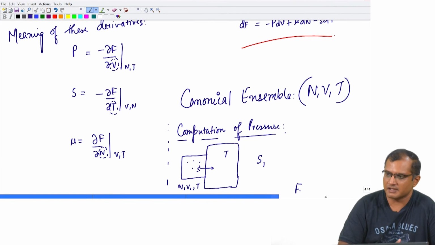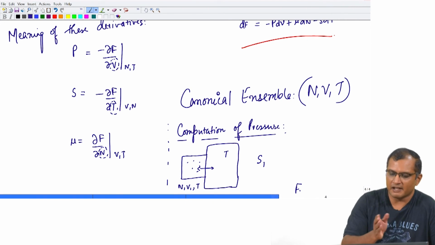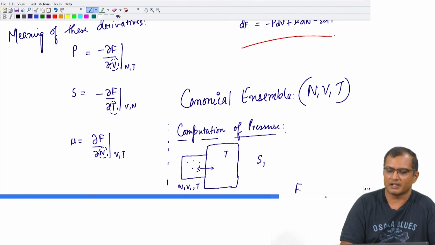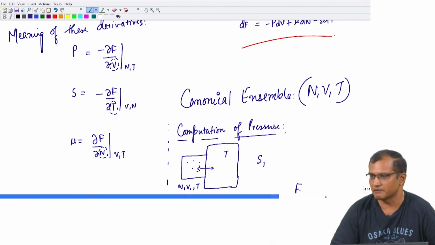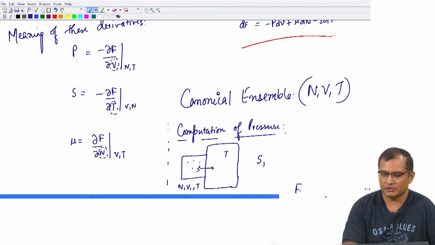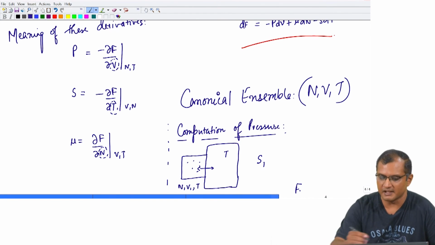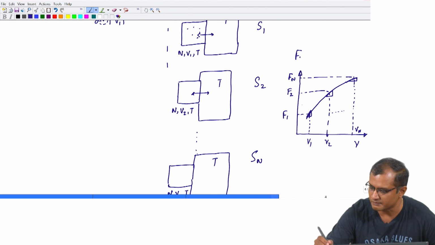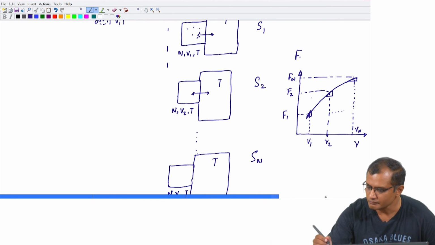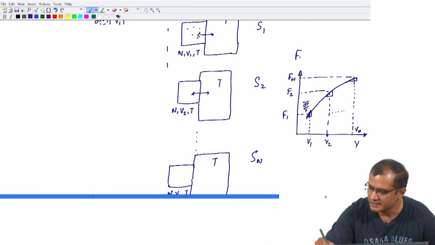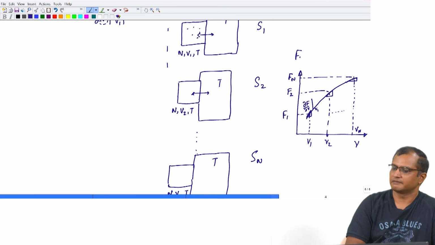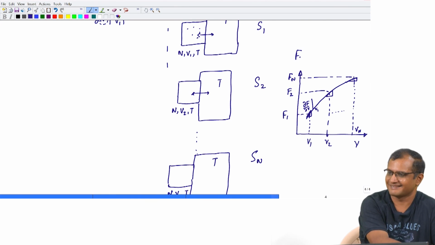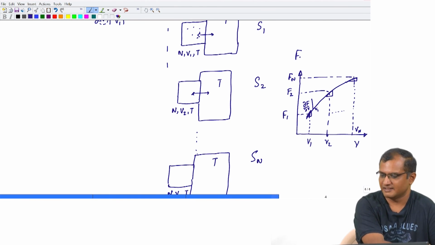You plot F versus T and take the derivative at the temperature you want, and that would give you the entropy of the system. So, that is the meaning of these derivatives. Do not be alarmed when you see the derivatives, they have a simple meaning. This derivative is simply dF by dV at V1, which gives me minus pressure.